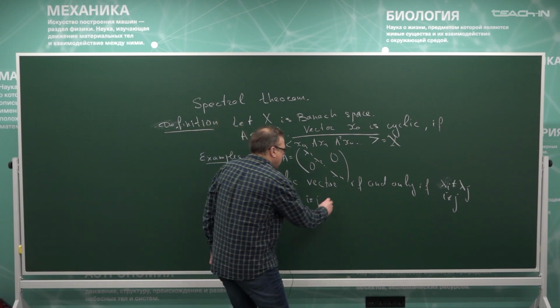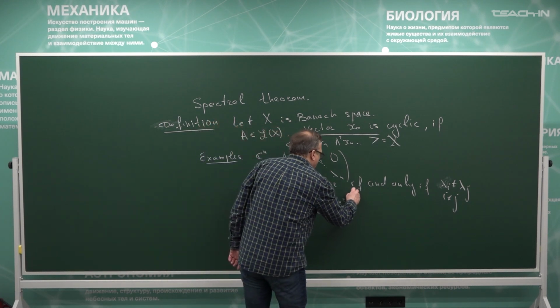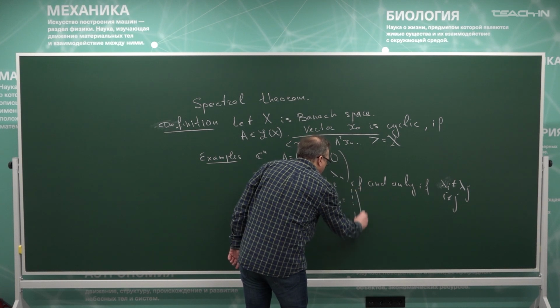Then I state that I can take x0 as (1, 1, ..., 1).